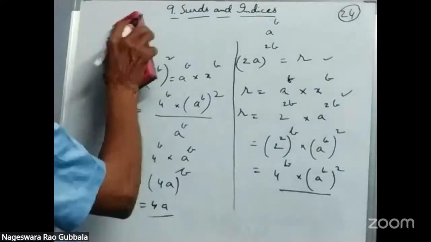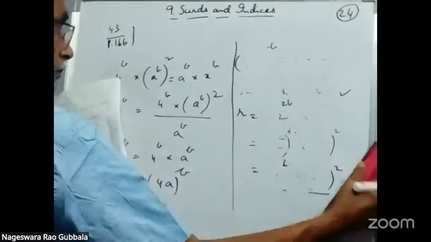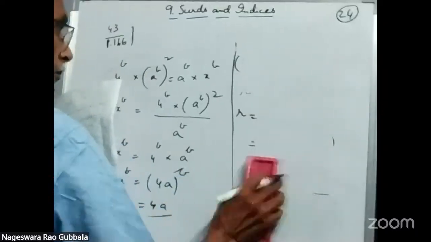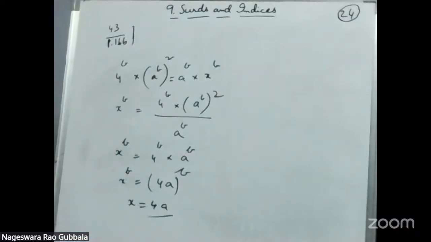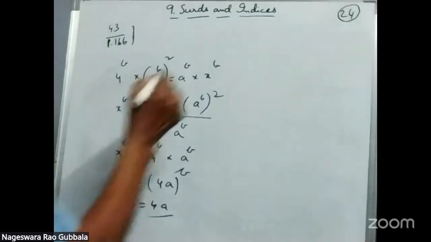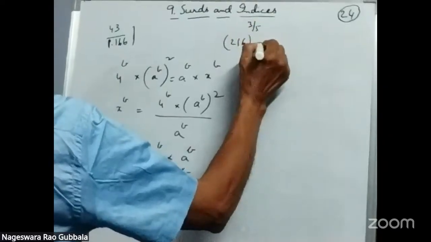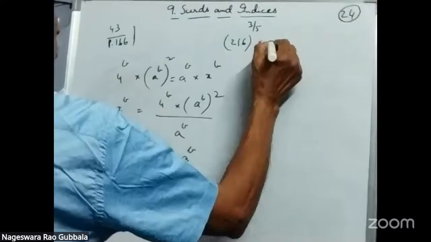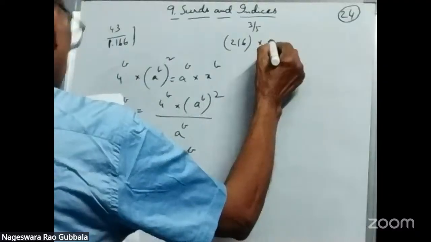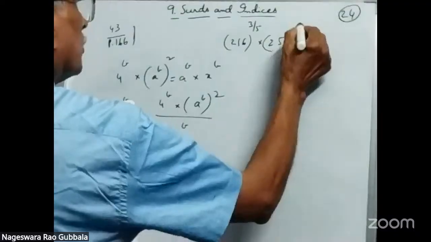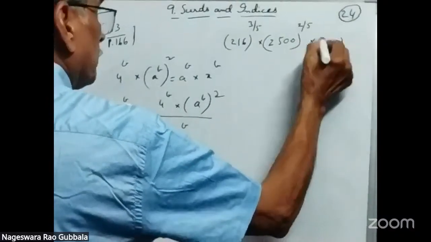Next question is 43. Number of prime factors in 216 whole to the power of 3 by 5 into 2500 whole to the power of 2 by 5 into 300 to the power of 1 by 5.